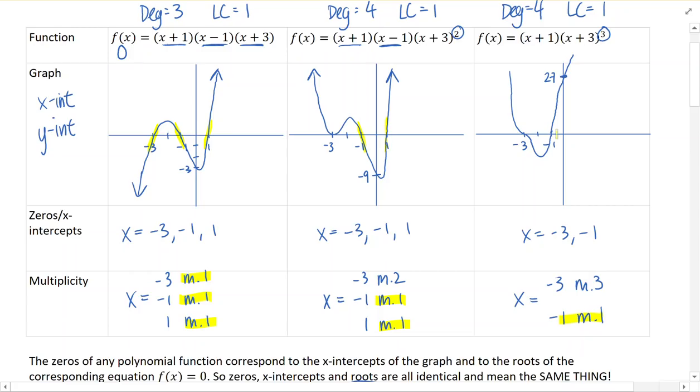I'm going to highlight those here. Multiplicity of 2 is a little different, right? It dips and just touches the line and then bounces off again. And multiplicity of 3, we have this S-shaped thing. It still cuts through, but it's not a straight cut through like multiplicity of 1 does.